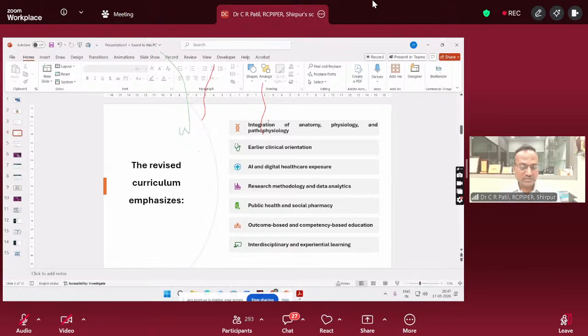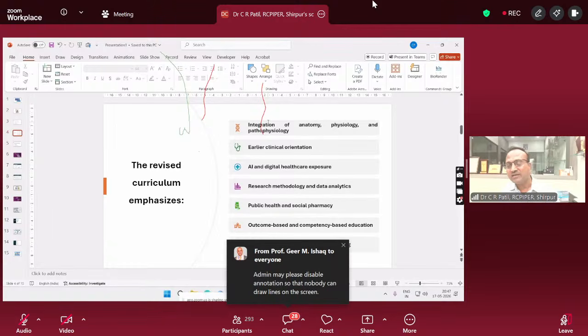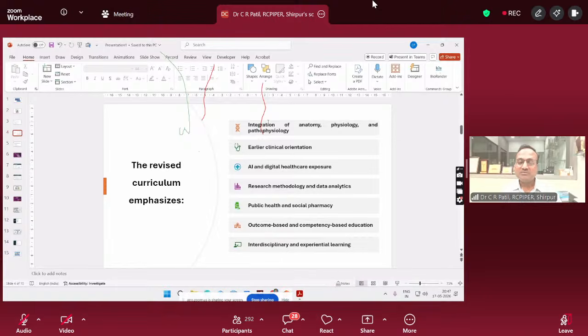So when teachers will be going to the classroom, they will be having in their mind how the subject content is really related to industrial aspects, how it is really related to clinical research, or how it is really related to counseling the patients regarding the drug efficacy and all. Beyond that, the new technologies which have come, AI, digital healthcare, no doubt we teachers will have to get at least some training regarding how to use these AI apps to make our teaching learning better.